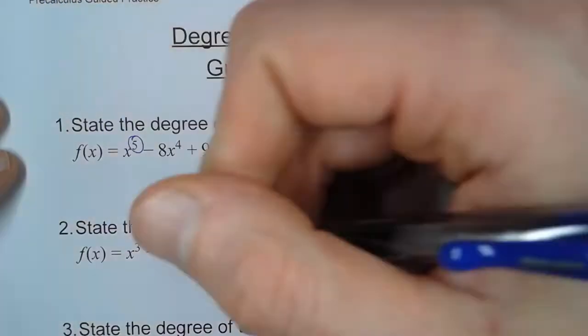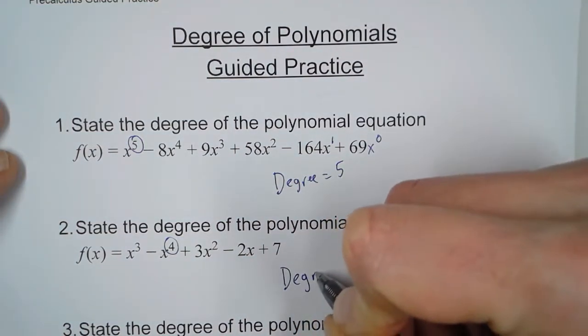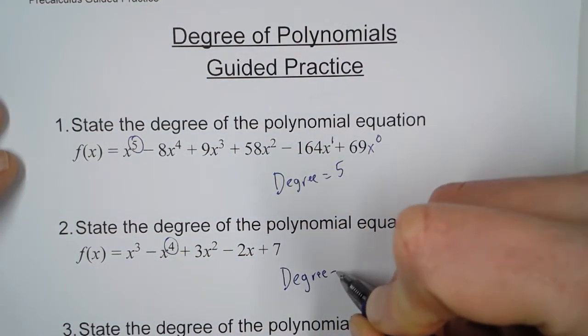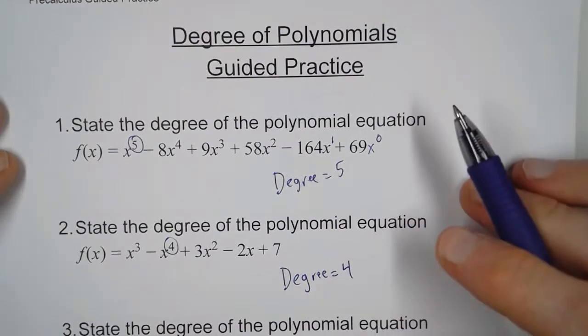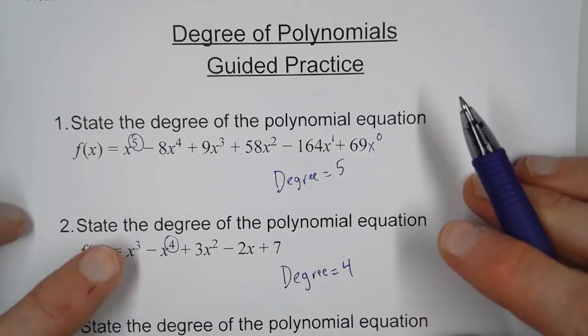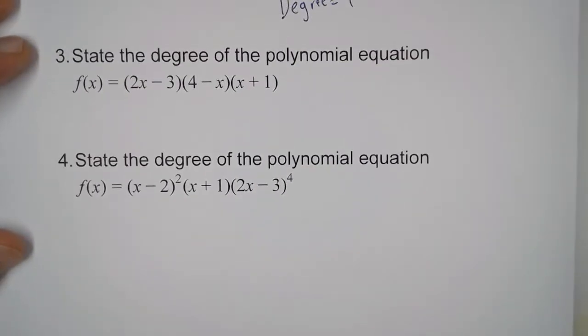It's actually 4. That's the highest power. So oftentimes you'll see books give you a problem like this just to see if you're paying attention, or if you're just tuned out and just writing whatever the first number is, which is often, but not always, the highest power.